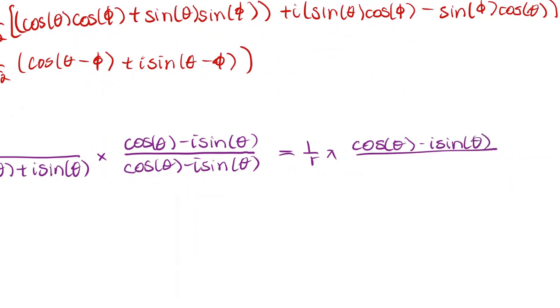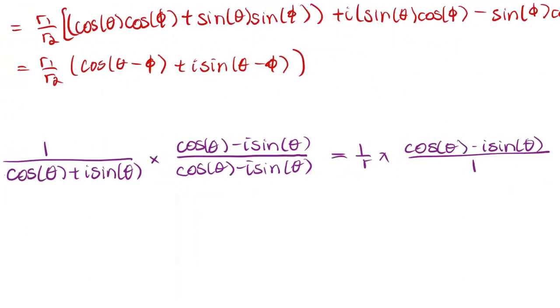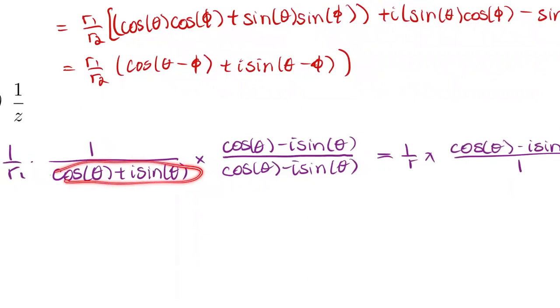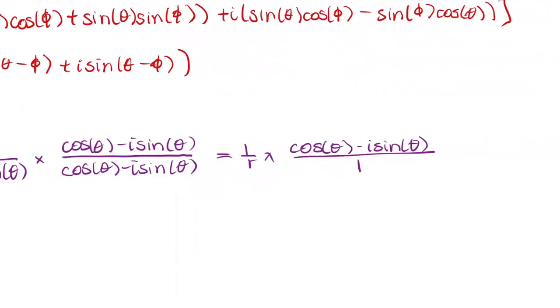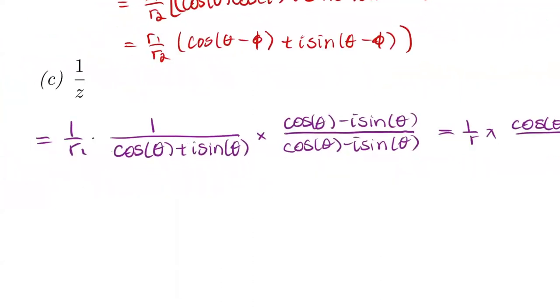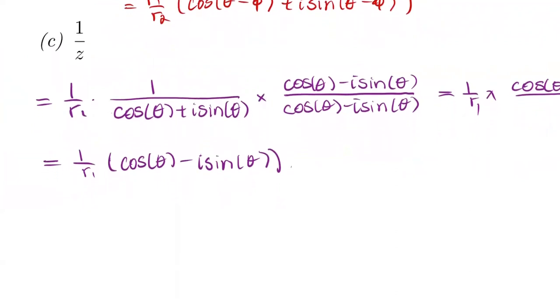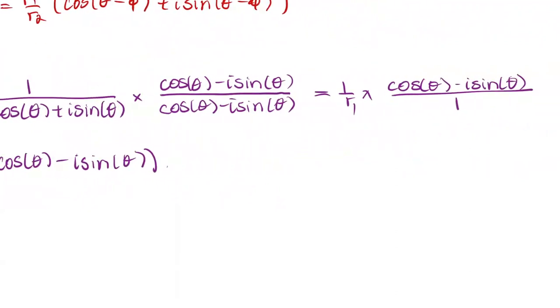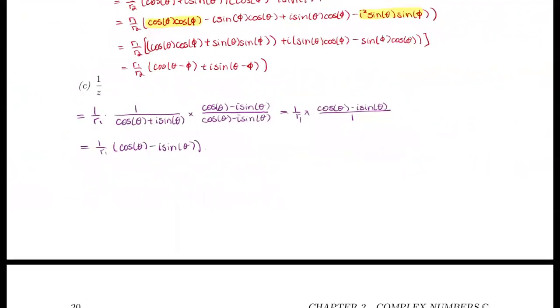All this is divided by 1 because the entire denominator part is just going to end up being 1. So that means what we just end up having is 1 divided by r multiplied by cos theta minus i sine theta. And so that's true. And that's all for the third part as well.